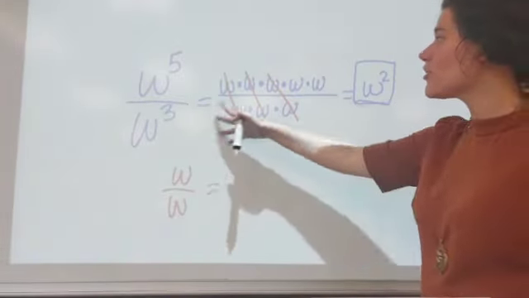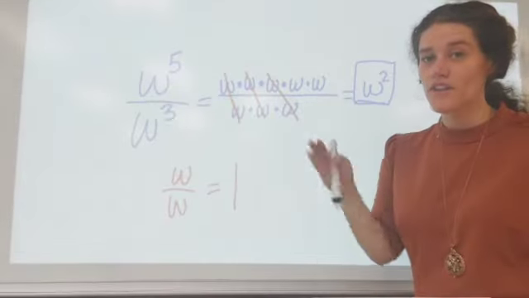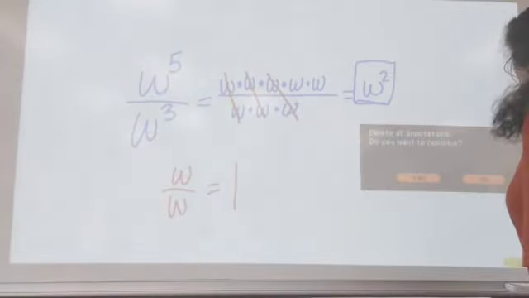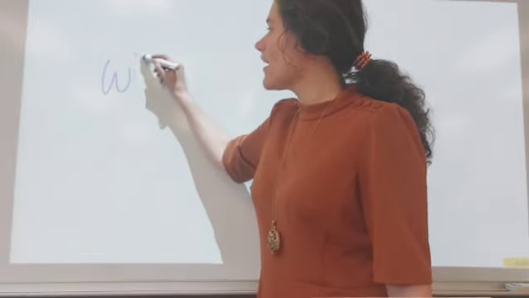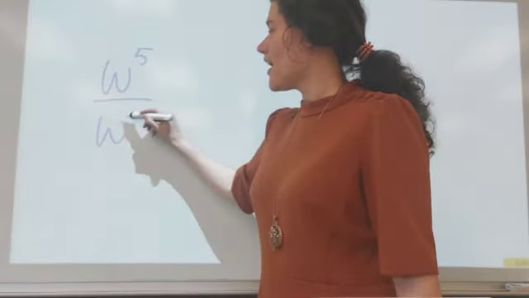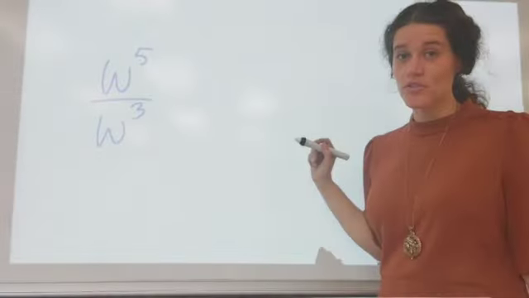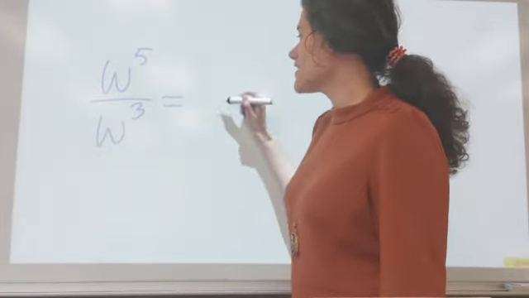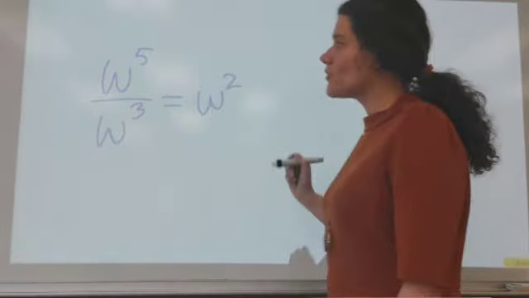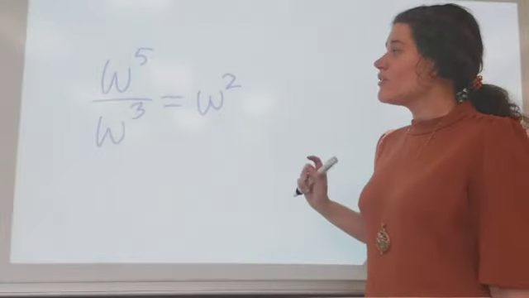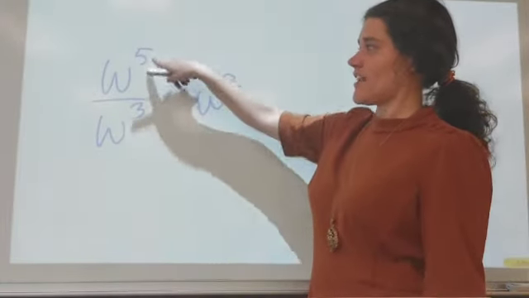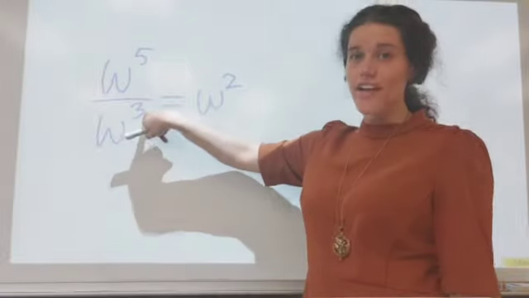Okay, but maybe you don't want to go through doing all of this work. There is a trick here that's happening. So I had w to the 5th power, and I'm dividing it by w to the 3rd power, and that's going to give me w squared. So notice what's happening here is actually subtraction.